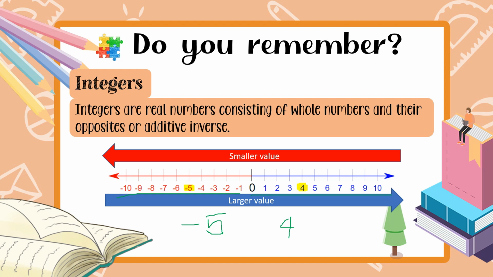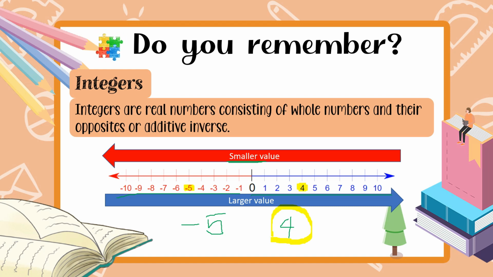As you can see, negative 5 is on the left side. Nasa left side siya ni 4. Nasa left. And sabi natin, kapag papunta ka ng left, kapag nasa left ka, the value is smaller. So, ano ang mas malaki? Negative 5 o positive 4? Okay, very good. Ang mas malaki ay yung positive 4.